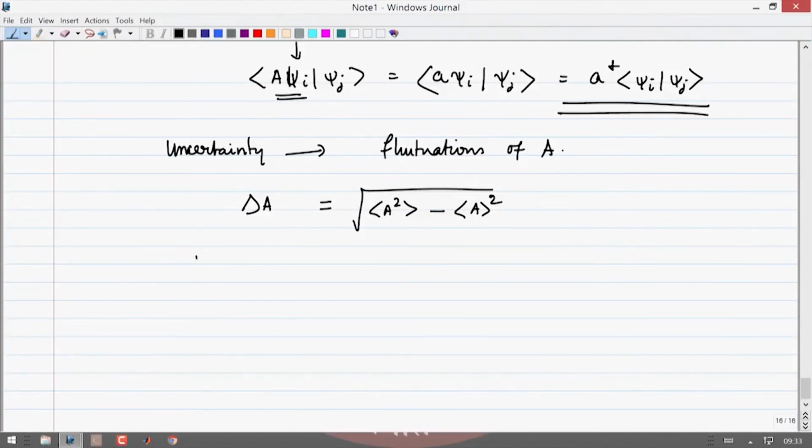However, if psi is an eigenfunction of the operator A, giving you an eigenvalue A, then you can see immediately the following: delta A goes to 0 for eigenstates of A.